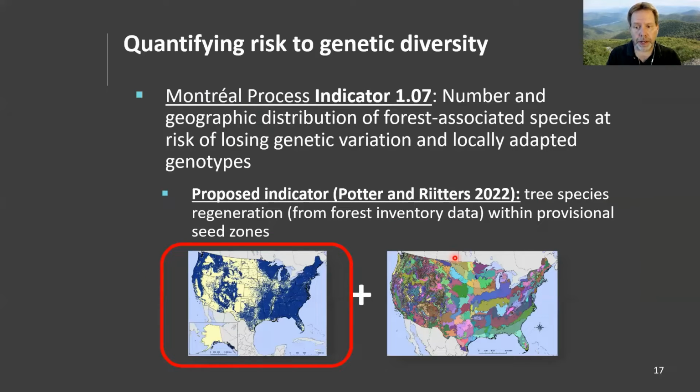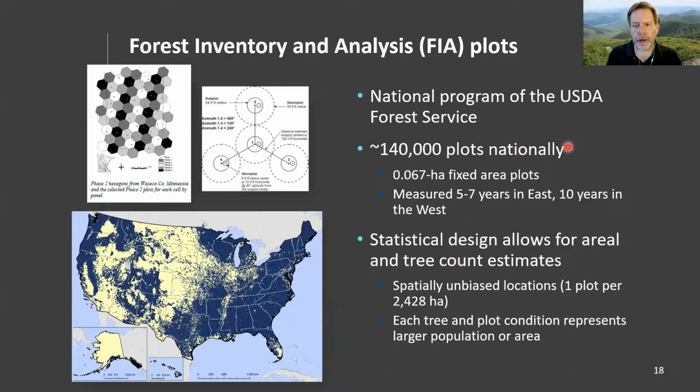The second part is getting a sense of regeneration using forest inventory data. That information comes from the Forest Inventory and Analysis Program of the U.S. Forest Service, which is this amazing program that encompasses about 140,000 forested plots nationally.